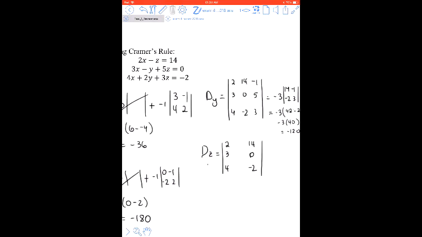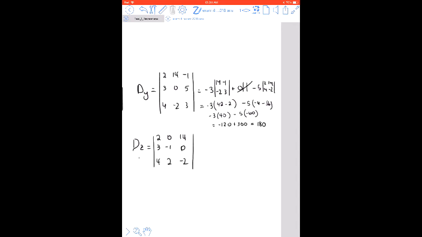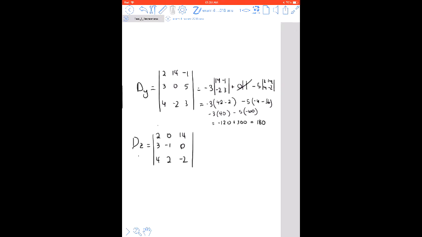I think the Y column was 0, negative 1, and 2. So I'm going to go back and expand on that first row again because it's got a 0 in it. And the top row there is positive minus positive. So positive 2.